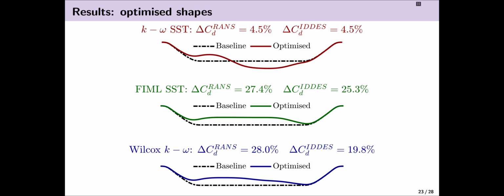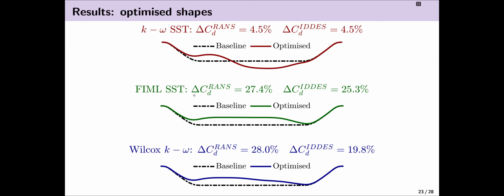We can see that with the baseline SST model, we can only reduce the error by 4.5% if we get this shape. I'm also showing the change in drag based on the IDDS predictions of these 2 geometries, and in this case, they're the same value, so 4.5% reduction in error.